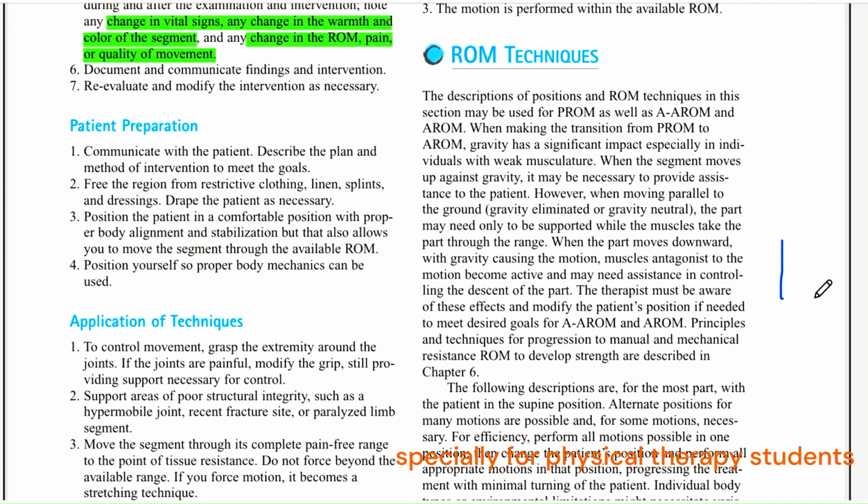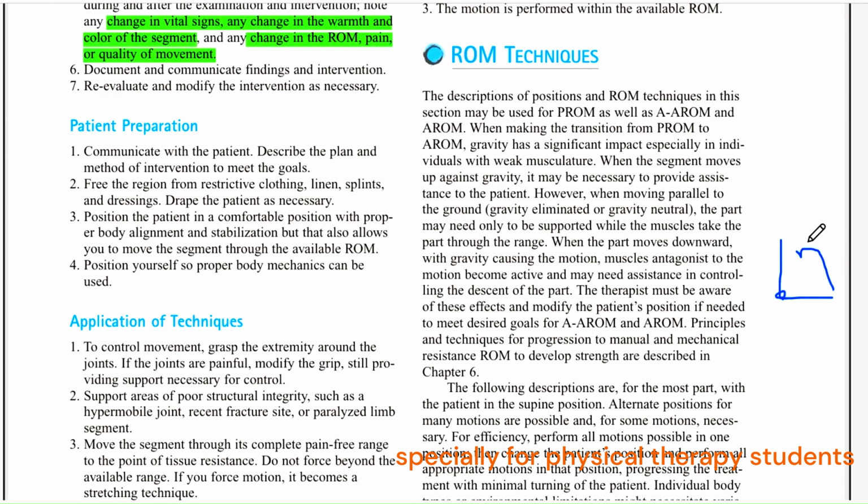This is how the elbow flexion works. You can take this as the humerus and the other as your ulna, so this is the elbow joint. Starting from this position, you can perform the complete movement of elbow flexion to reach here.